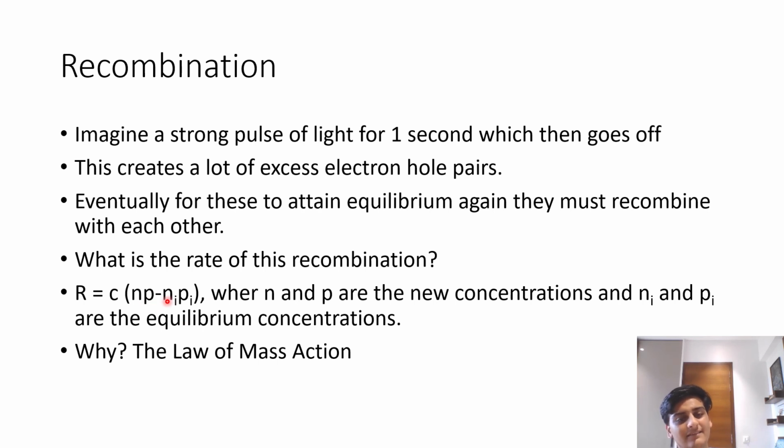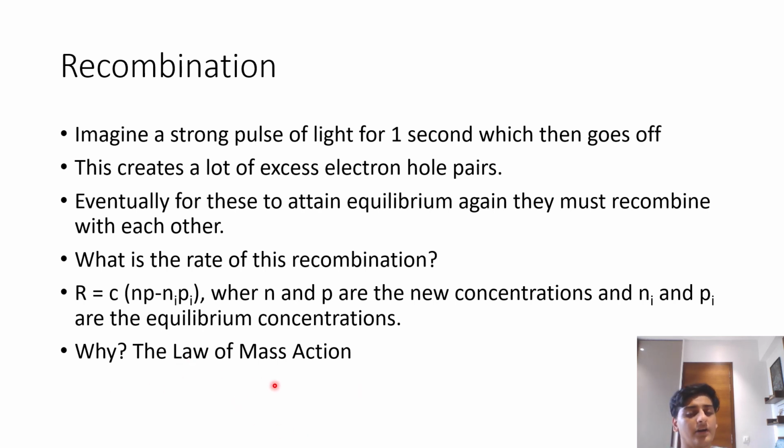Now, why we have this offset of the product at equilibrium is because when you have equilibrium, when n is equal to ni, the concentration at equilibrium, and p is equal to pi, we don't expect there to be any recombination because that is the definition of equilibrium, right? So we expect that over and above equilibrium, whatever product gets created, due to that you have some rate of recombination.